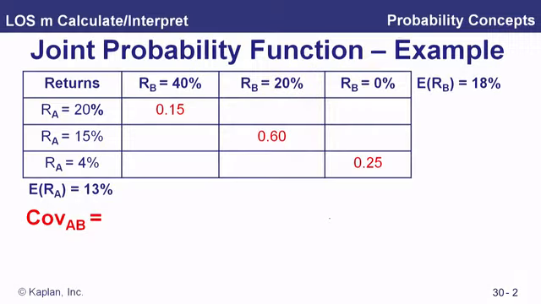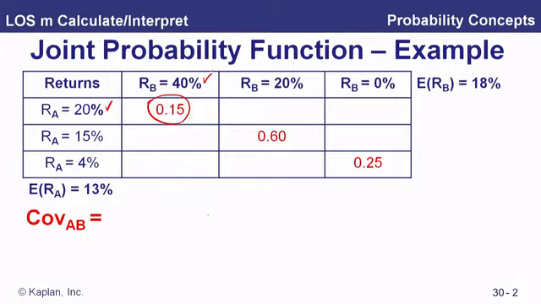Well, now we've got a joint probability function. We're going to calculate covariance from a joint probability function. Now, this is really nothing we haven't seen before, because we've got 3 possible outcomes, and now we have a paired outcome. So what this table is telling us, there's a 15% probability that the returns on A will be 20%, and the return on B will be 40%.